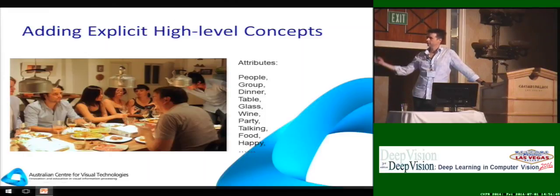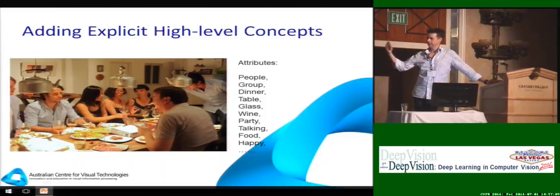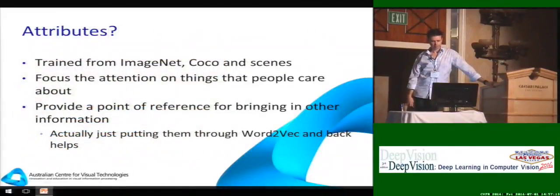So a human might recognize that there are people in there, that there's a bunch of them, that they're having dinner, they're sitting at a table, there are glasses, wine, it's a party, they're talking, they're relatively happy, and that kind of thing. Some of them are specific nouns, some of them are more general measurements of what's going on, and the background and the scene. There's a whole lot of things that you can measure.